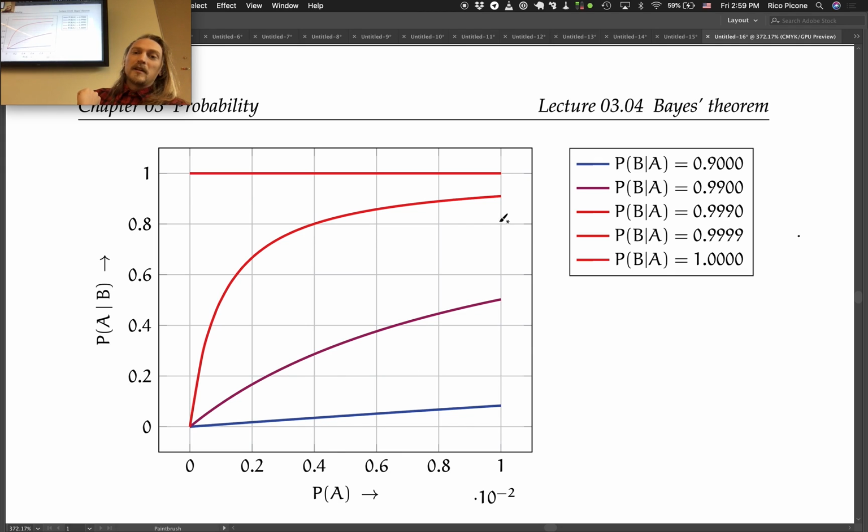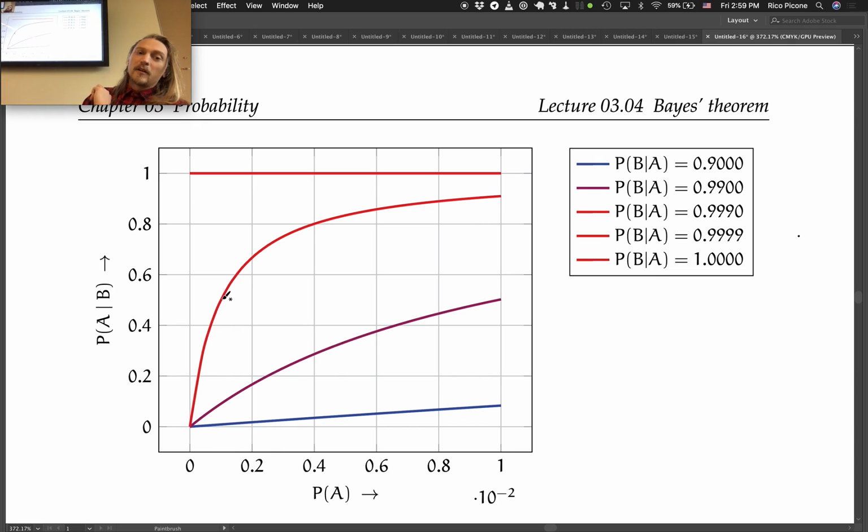Even if you have a 1% chance of that thing happening at all, then you're still only at 90% if that test result comes back positive. Okay? The test result comes back positive, and the probability of having the thing was 1 in, say, 100. 1 in 1,000.